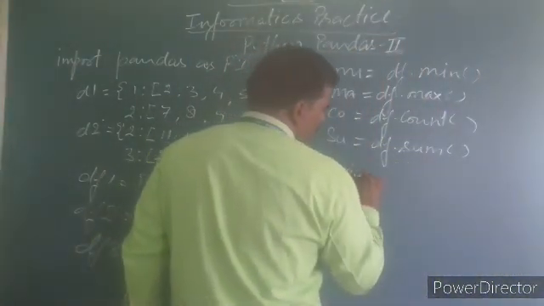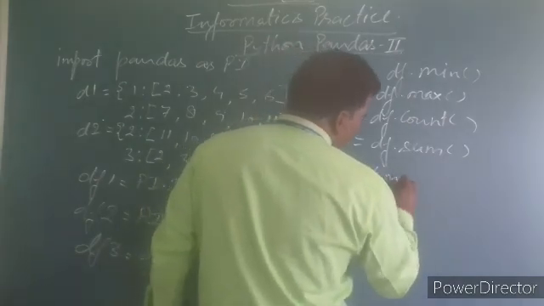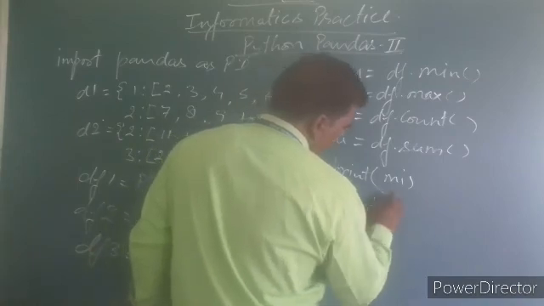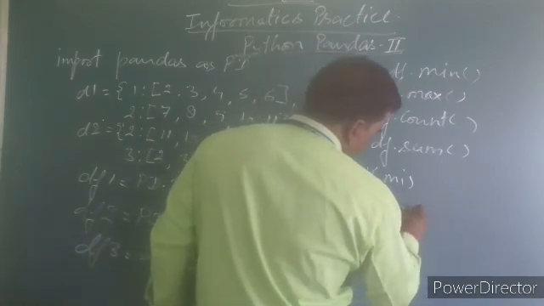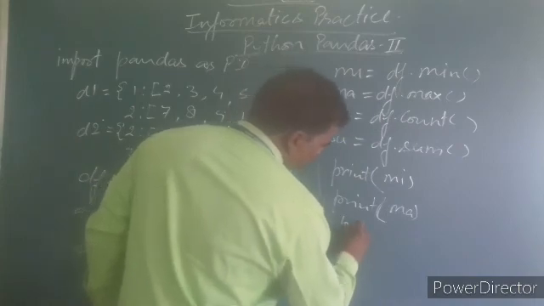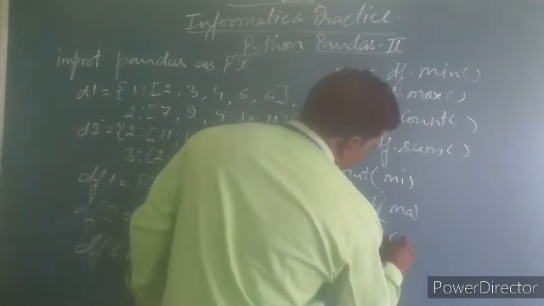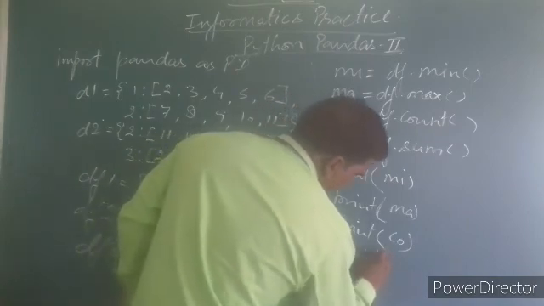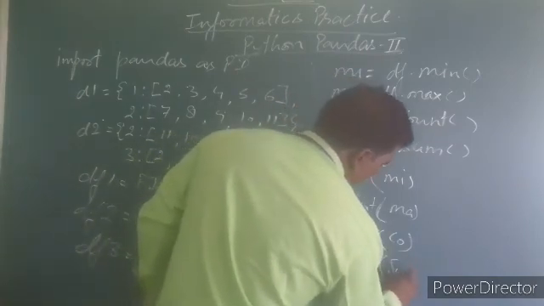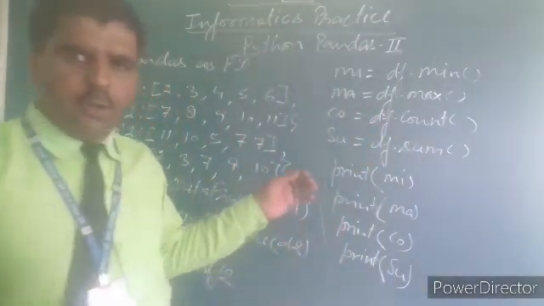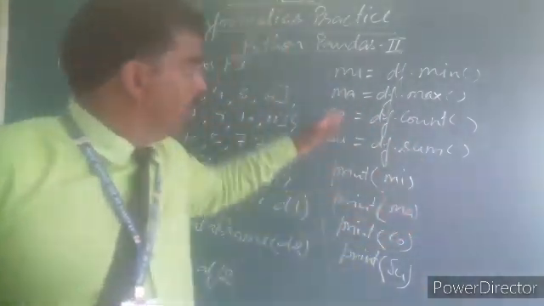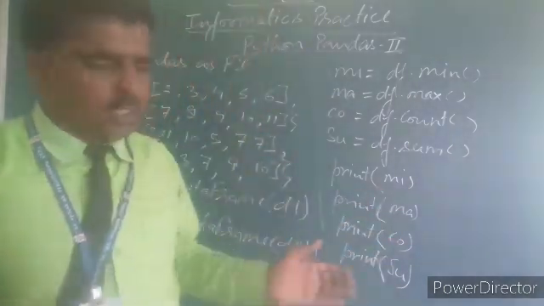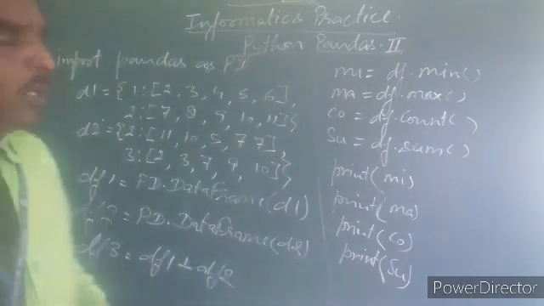After that we want to display them, like min, max, counting, sum. So all these functions have to be performed here. According to that I have to check that this function can be applied in the following way.